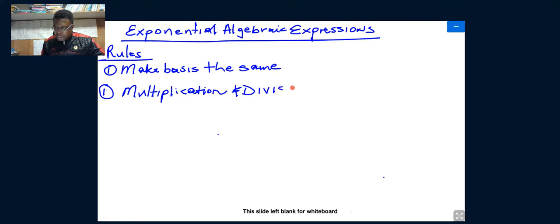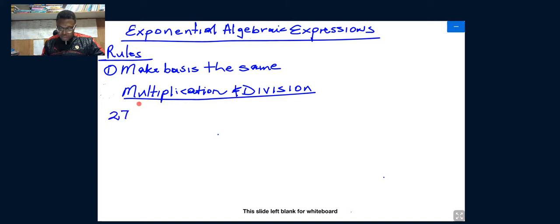And therefore it makes sense that we have to work with the same bases. You have to try by all various means possible to make the bases the same. Otherwise, it's going to be difficult to work.